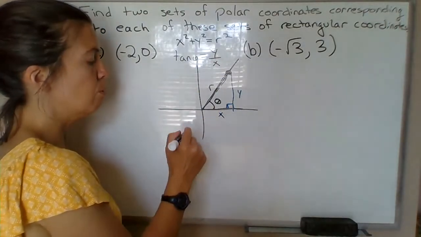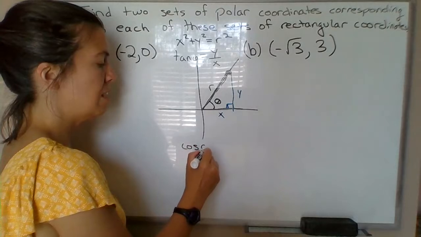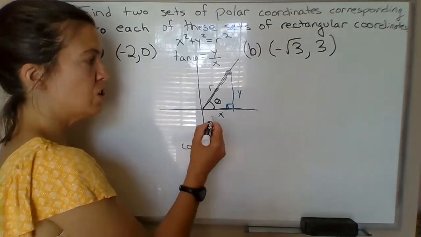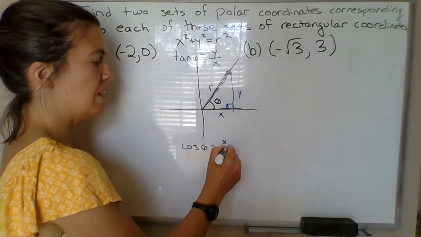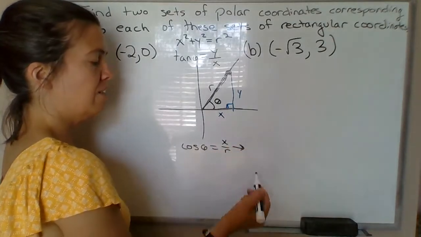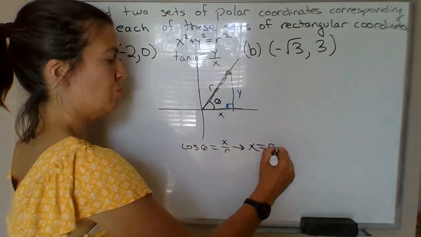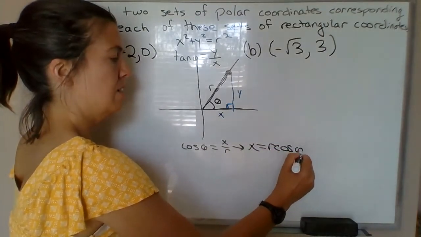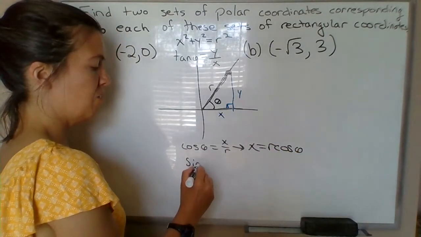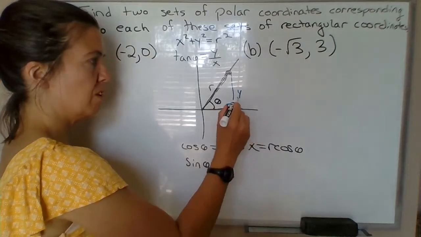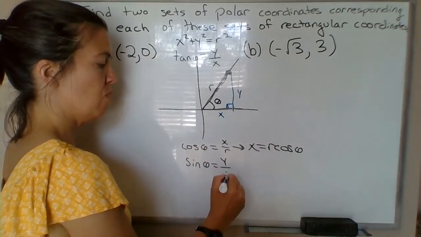We could also say cosine theta is adjacent over hypotenuse, so that'd be x over r. That gives us the equation, if we multiply both sides by r, x equals r cosine theta. Similarly, sine theta is equal to opposite over hypotenuse, so that'll be y over r.